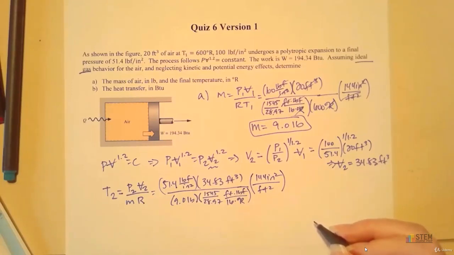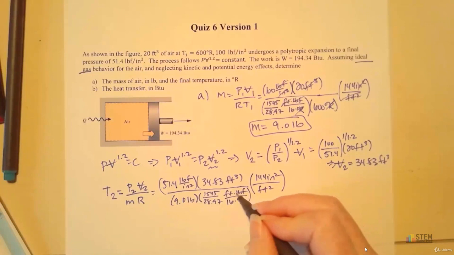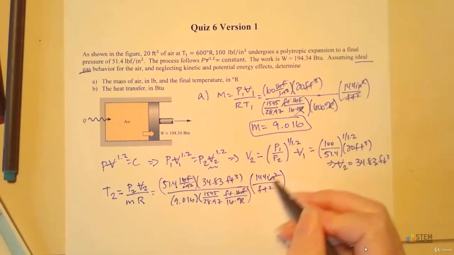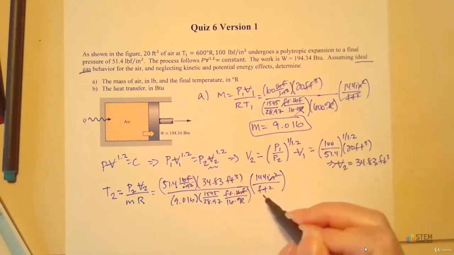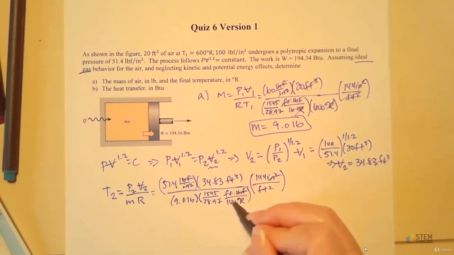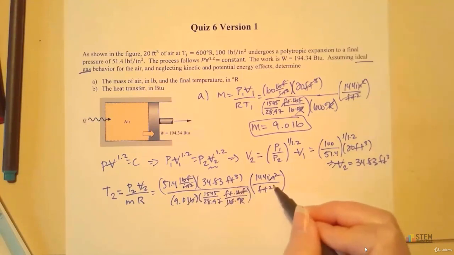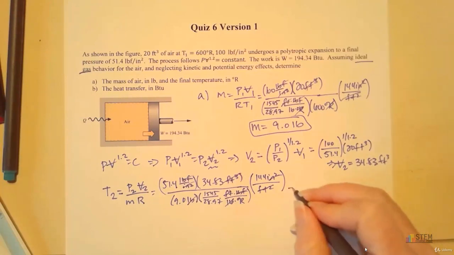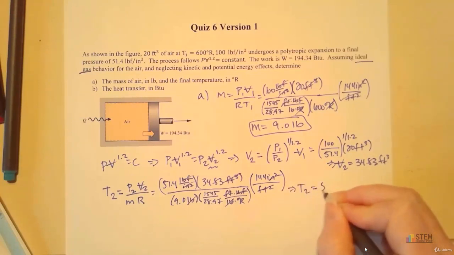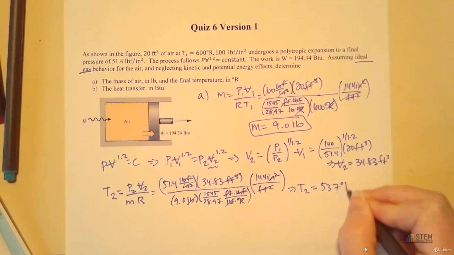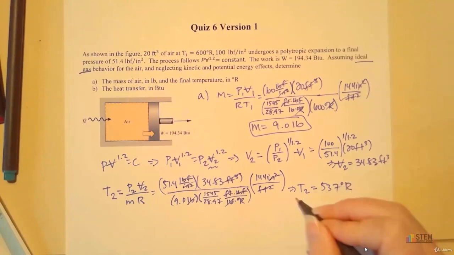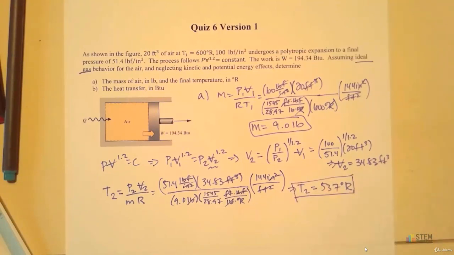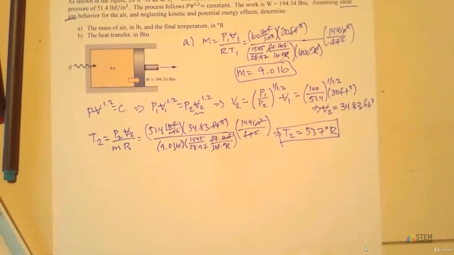Now if you look, once you do all of your units, everything's going to cancel out except for degrees Rankine, which is what we wanted. So all this stuff goes away. You're left with this degrees Rankine right here. So T2 is going to be 537 degrees R. So that'll be our final temperature.